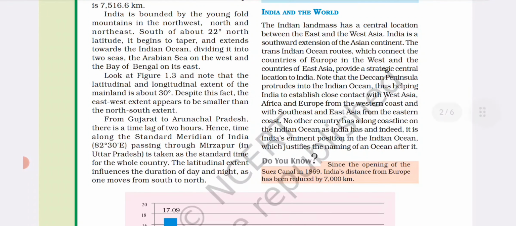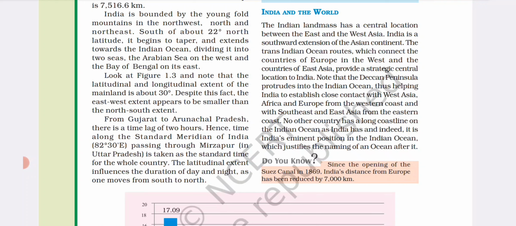India and the world. The Indian landmass has a central location between the East and the West Asia. India is a southward extension of the Asian continent. The trans-Indian Ocean routes which connect the countries of Europe in the west and the countries of East Asia provide a strategic central location to India. Note that the Deccan Peninsula protrudes into the Indian Ocean, thus helping India to establish close contact with West Asia, Africa and Europe from the western coast, and Southeast and East Asia from the eastern coast.